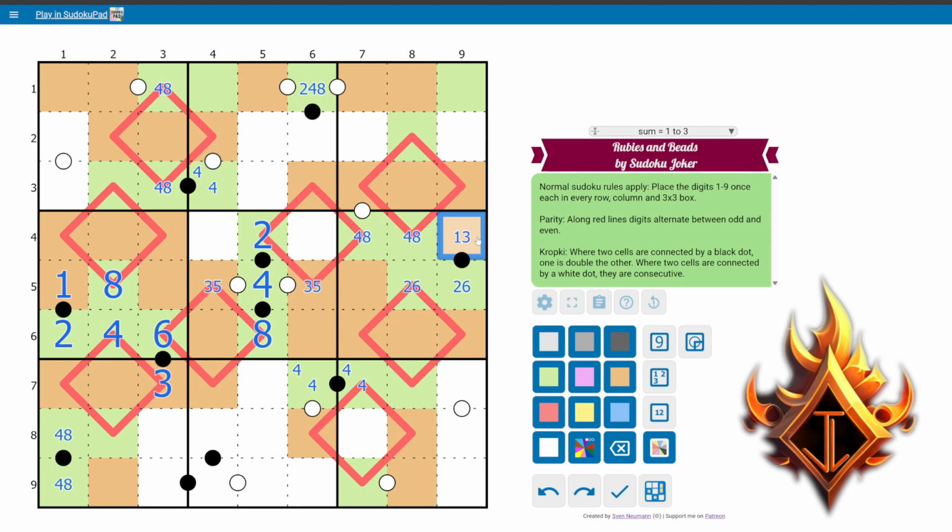It is true that that can't be 3 because it would have no room down here. So that would be 1. That would become 2. May have gooped.